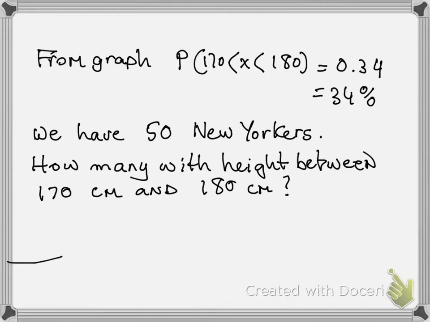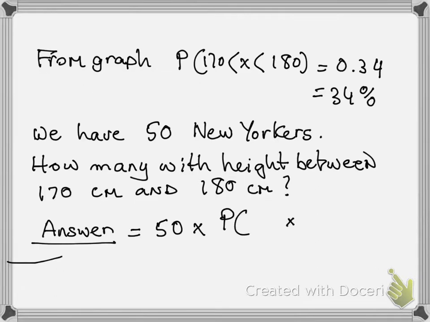Well, what we do is multiply the 50 by the probability that the height is between 170 and 180. So we have 50 New Yorkers times the probability that the height x is between 170 and 180.